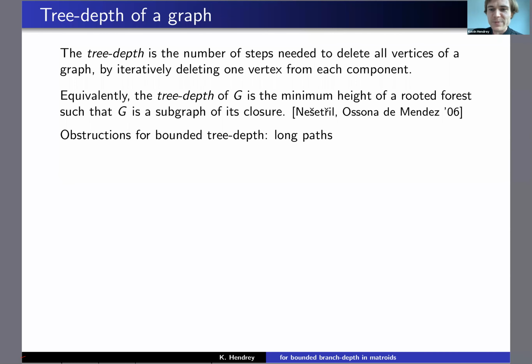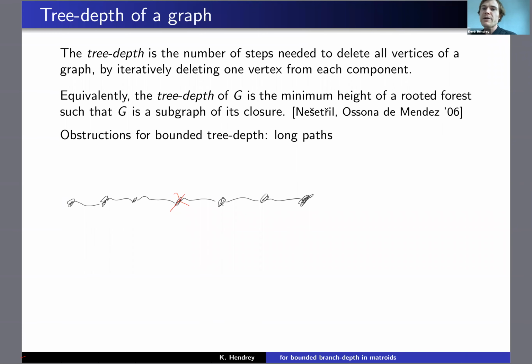So what does this mean? Let me draw a nice graph. Maybe the graph is a path. Suppose I want to delete all of the vertices of this path. At the moment, this graph has one component, so the rule is that I'm allowed to delete one vertex in the first step. Let me delete this center vertex here.